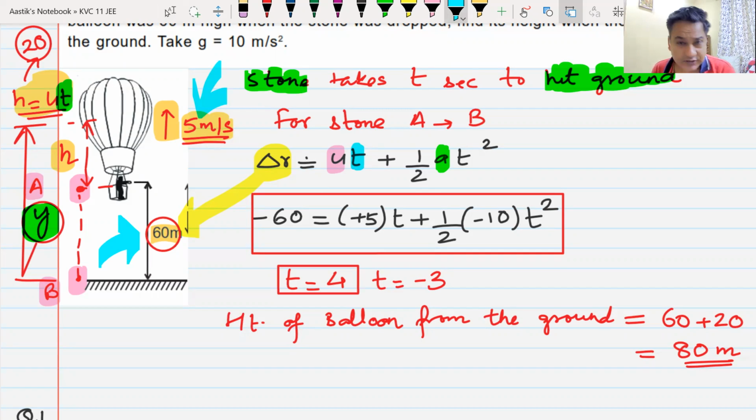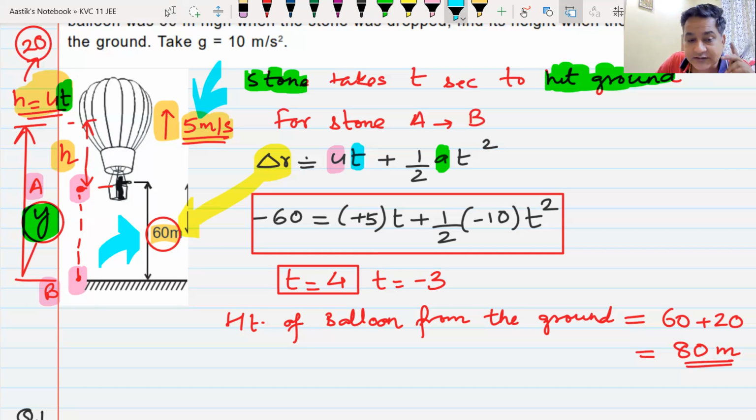Because these two things were required to solve the question, the velocity of the balloon was actually the velocity of the stone, and the height of the balloon from where the stone was dropped was the height from which the stone is going to fall down.